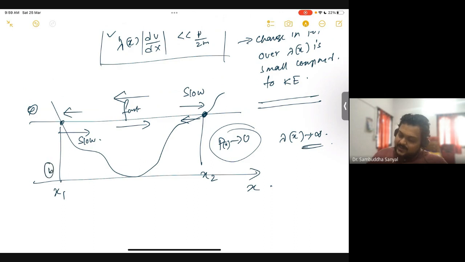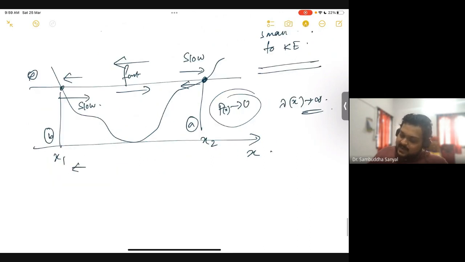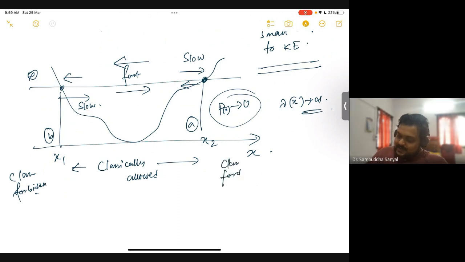Or I can call them B and A as I used in my notes. This is the classically allowed region, and this is the classically forbidden region. Of course, we know in quantum mechanics the particle can be in the forbidden region by tunneling.